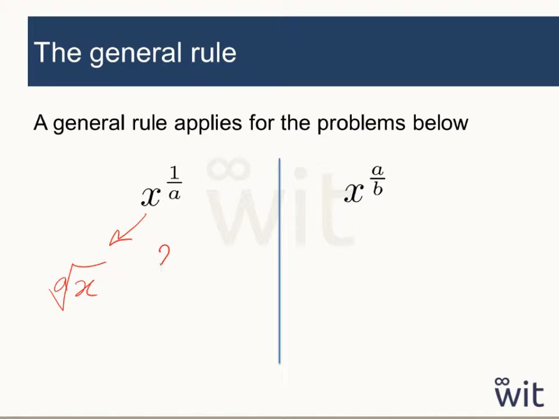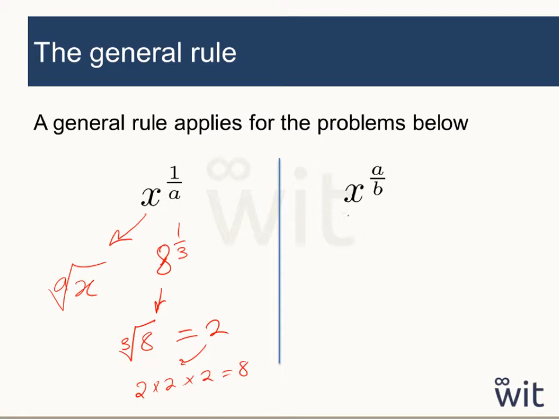If we have 8 raised to the power 1 over 3, that will simply be the cube root of 8. The cube root of 8 is 2, because 2 times 2 times 2 is equal to 8. Now that's the first law, or the first type of fractional indices.